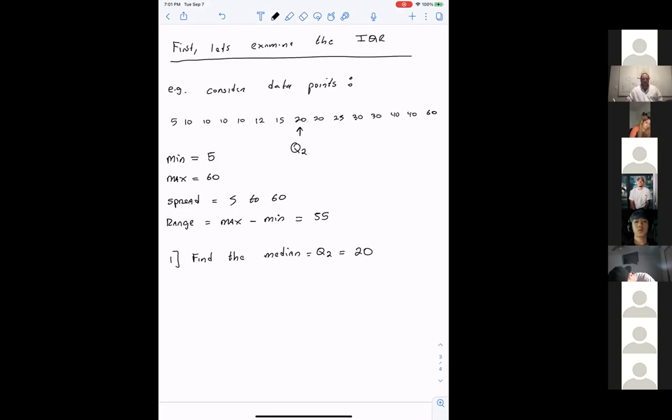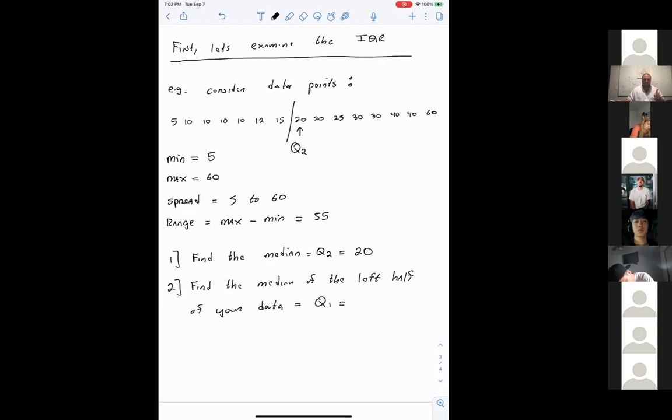So step 1 is to find Q2, the median. Step 2: find the median of the left half of your data, which we're going to call Q1. If I look to the left of 20, I don't include the median itself. I never include the median.